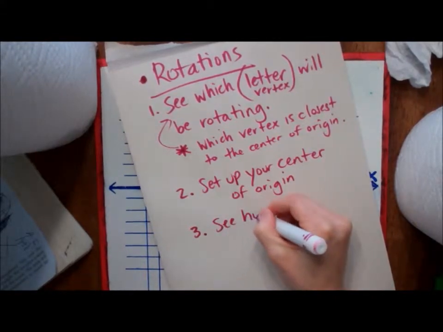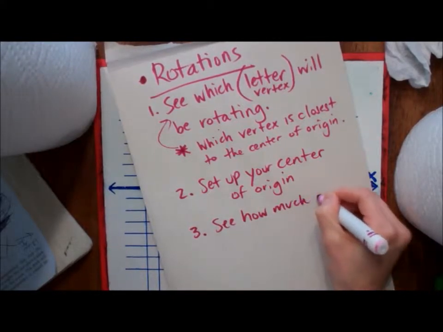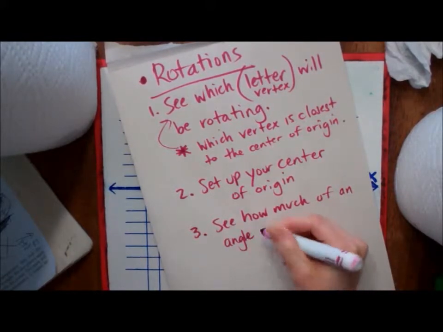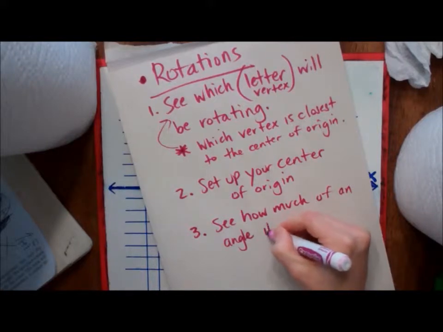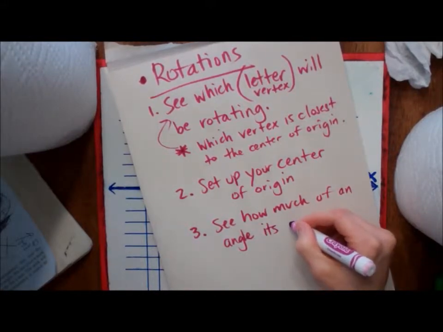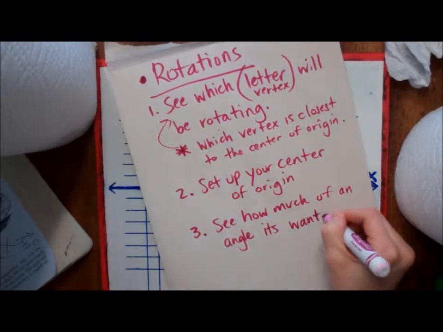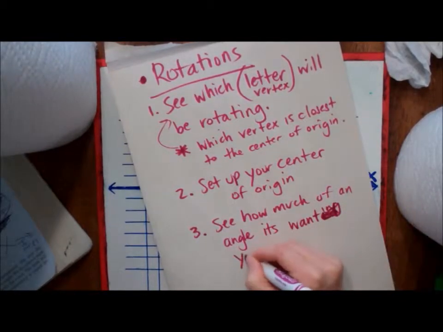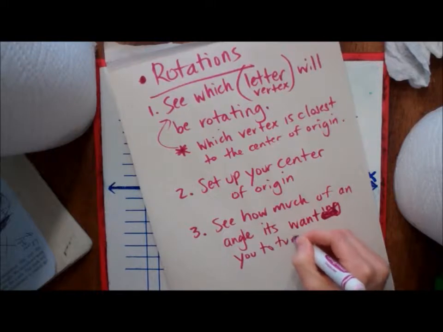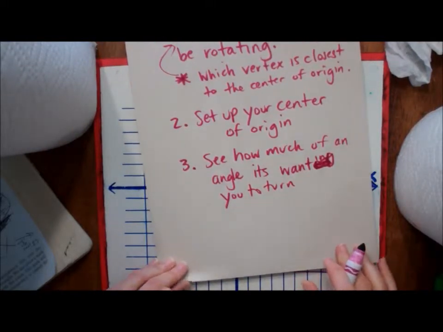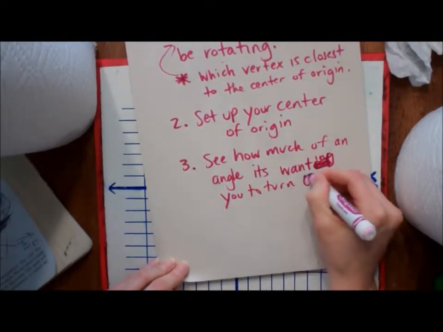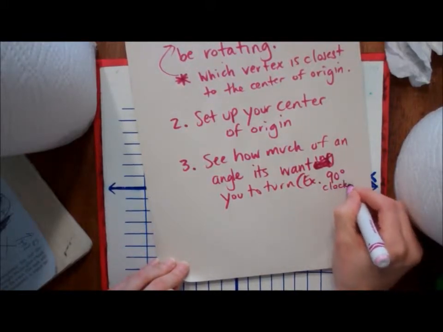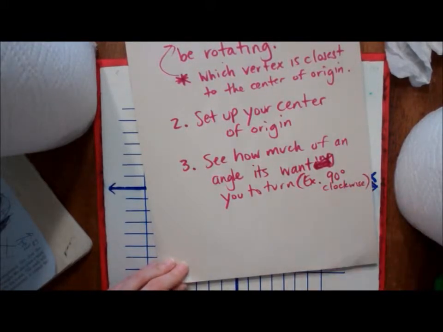See how much of an angle it's wanting you to turn. 90 degrees counterclockwise, wanting you to turn. So for example, 90 degrees clockwise, and so forth.